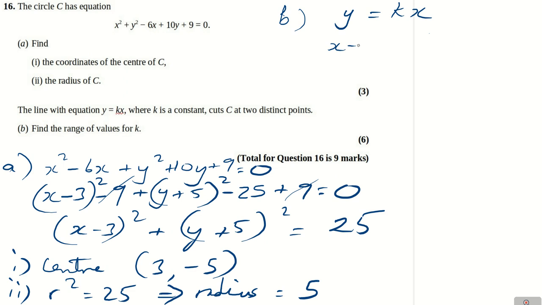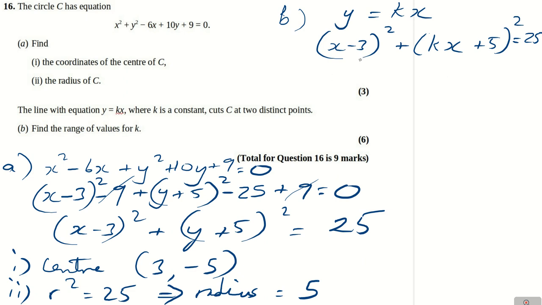So x minus 3 squared plus, and then in place of y we can write kx plus 5 squared, has still got to equal 25. So I've substituted my equation for the line into my equation for the circle. In other words, I'm solving these equations simultaneously, and that should give me an equation where I can work out what the 2 intersection points are.